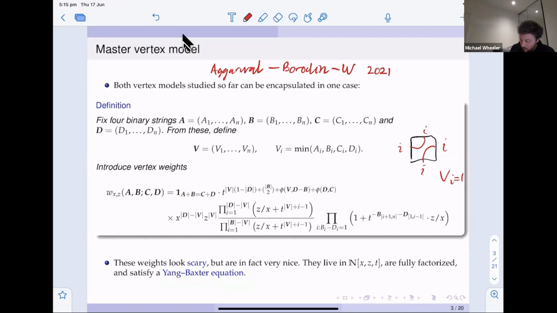So that's the first time where this model was written down explicitly. And behind all of this, there is some quantum group structure, which I'm not going to say too much about, but basically you don't just get these weights from thin air, you get them from some sort of representation theory of the underlying quantized affine algebra.